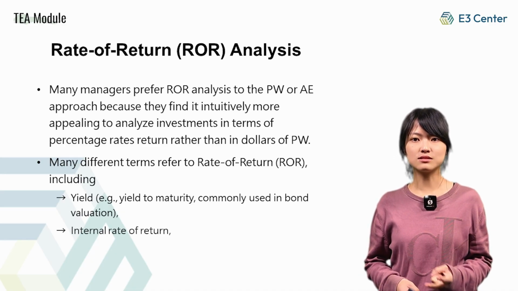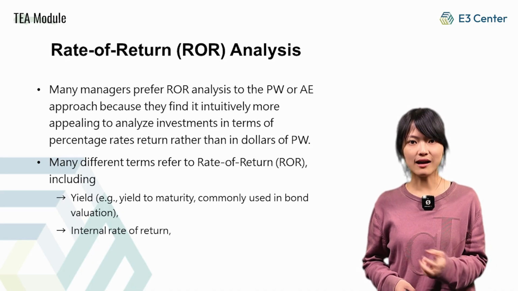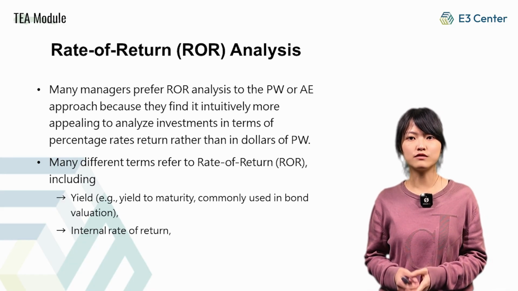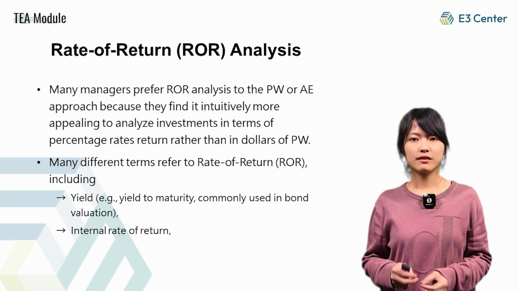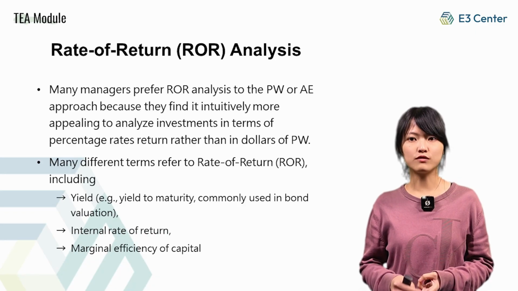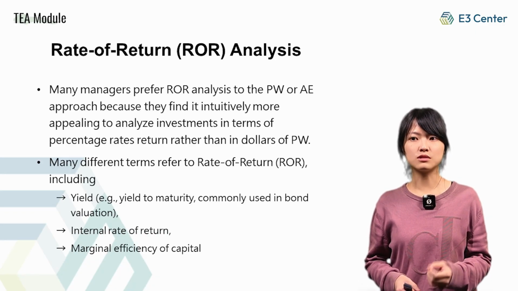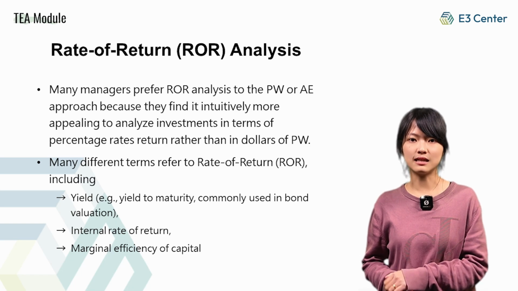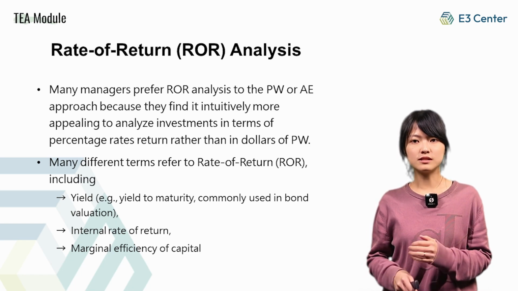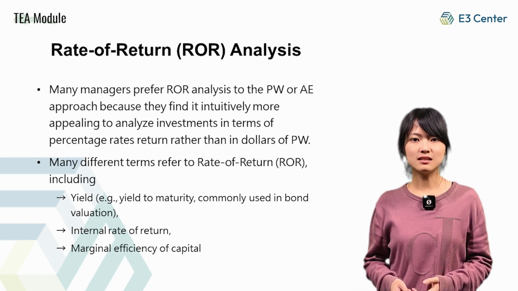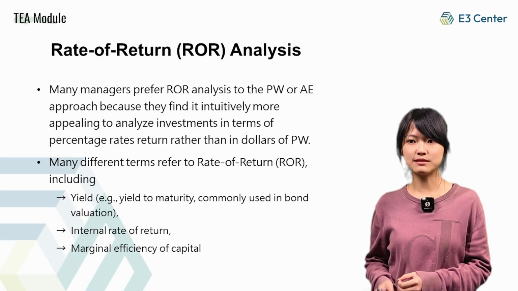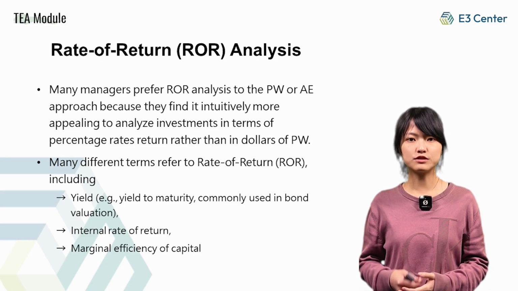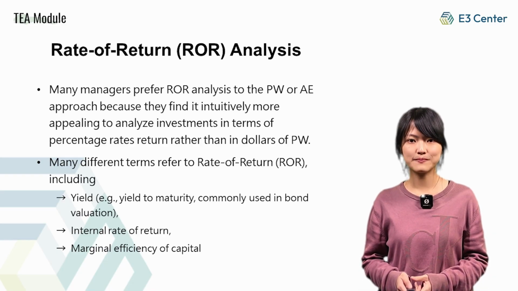The second, internal rate of return, or IRR, which is used to estimate the profitability of potential investment. Third, marginal efficiency of capital, which refers to the rate of return on an additional dollar invested in capital. Each of these terms, while related, is used in slightly different contexts to assess the profitability or efficiency of investments.